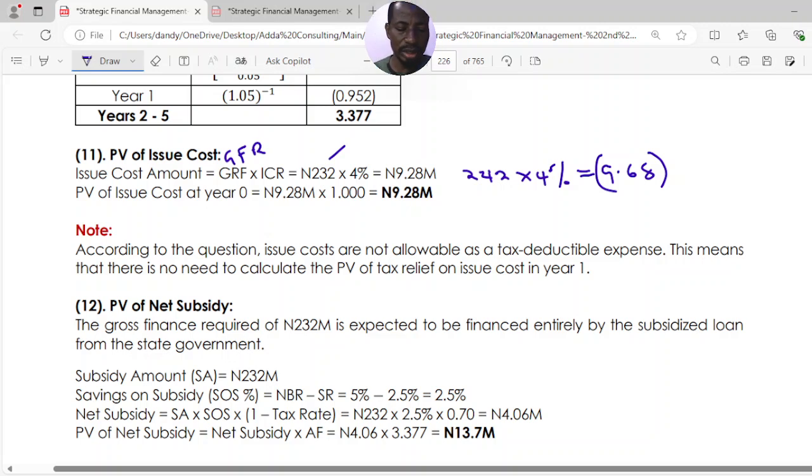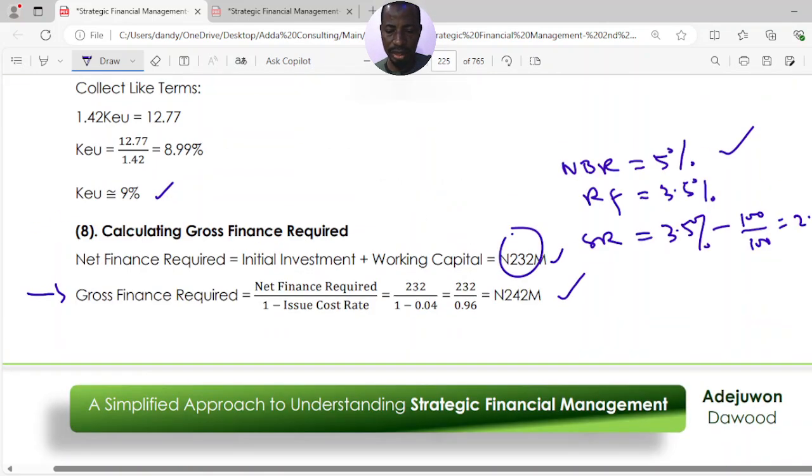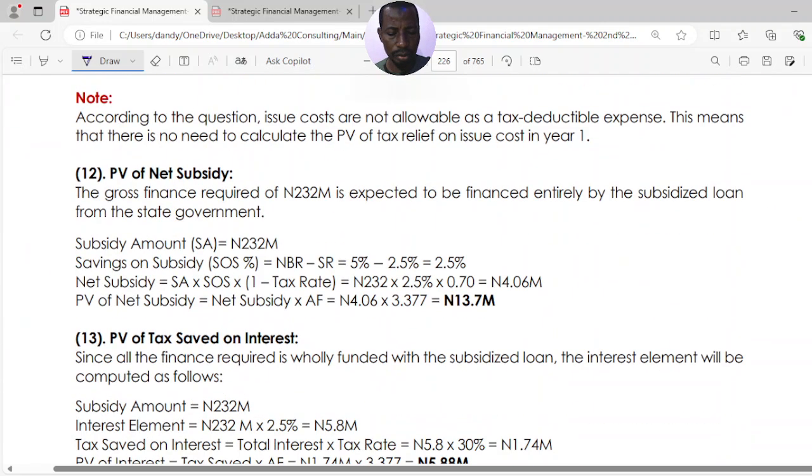So the next thing I need to do, I will go back to the question, there is subsidy. Therefore, we've already calculated the gross finance required. Again, the gross finance required is not 232, it's 242. Now, I need to get the proportion of the subsidy.